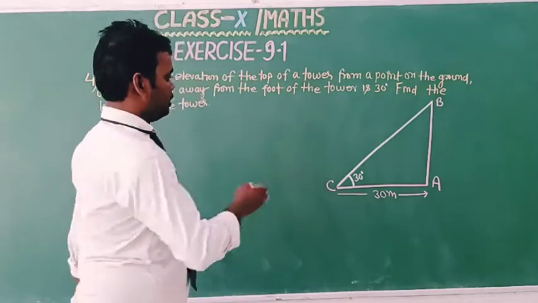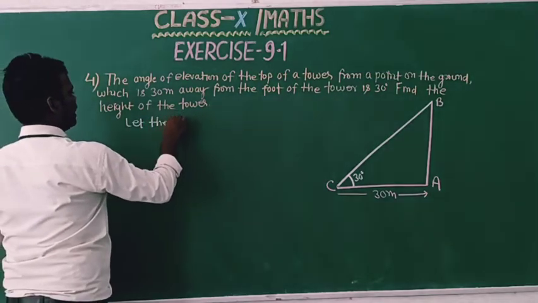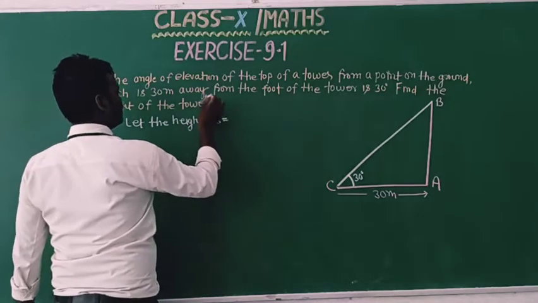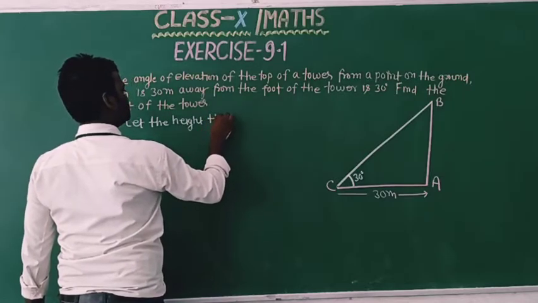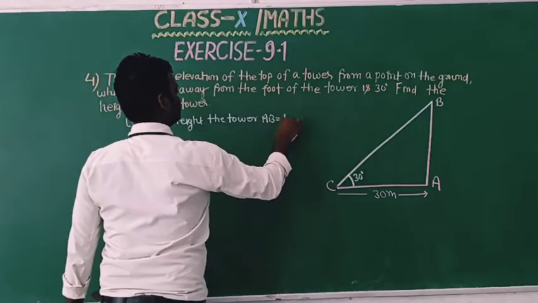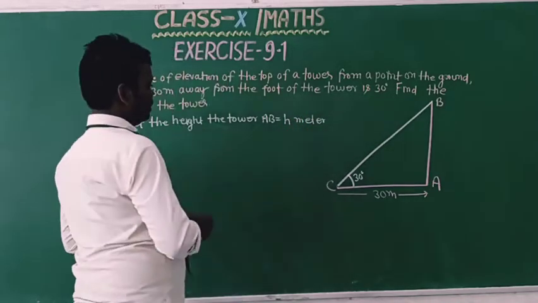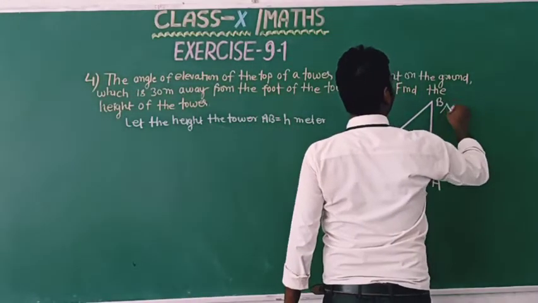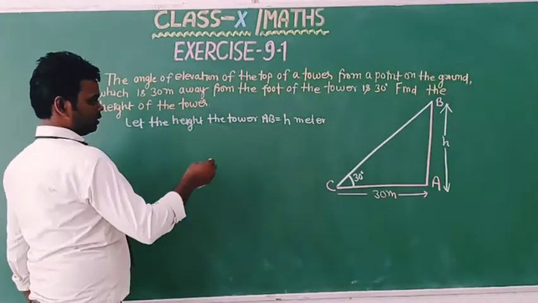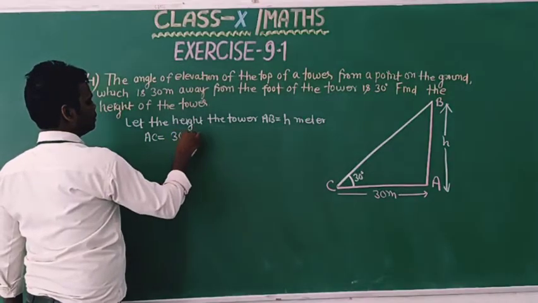So let the height of the tower AB be equal to h meter, and the distance AC is equal to 30 meter.